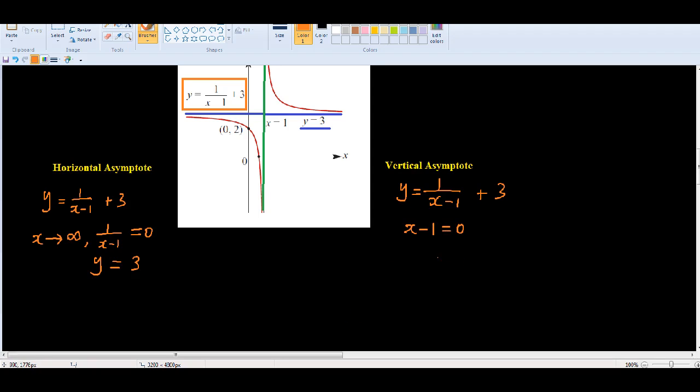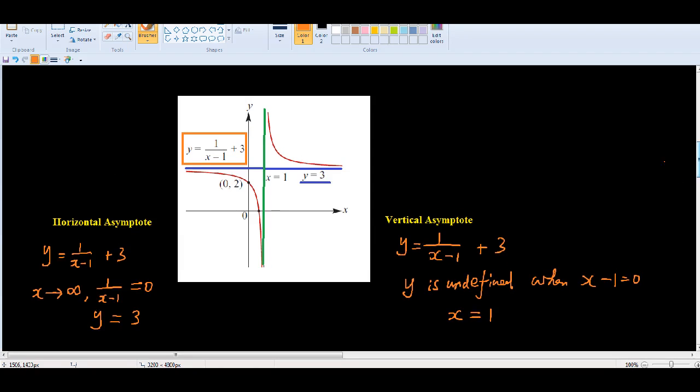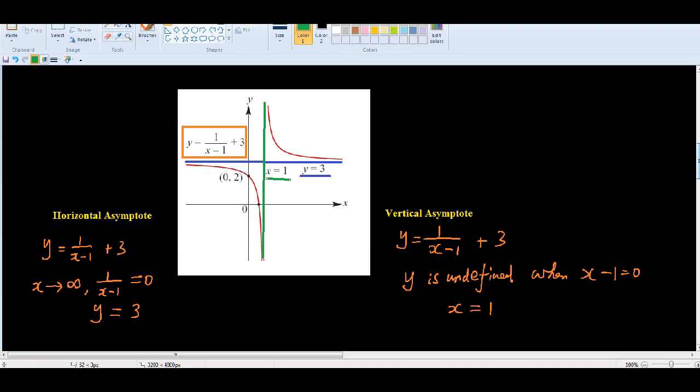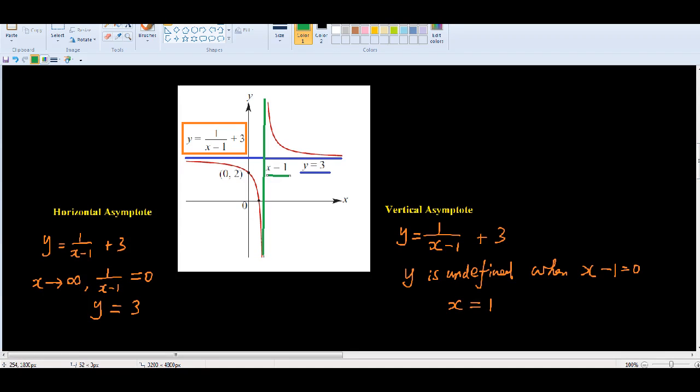So y is undefined when x minus 1 equals 0. That means x equals 1. That's why x equals 1 is our vertical asymptote. You see that? How can we find the horizontal asymptote? You just consider when x tends to a very big number, and consider what y will become.